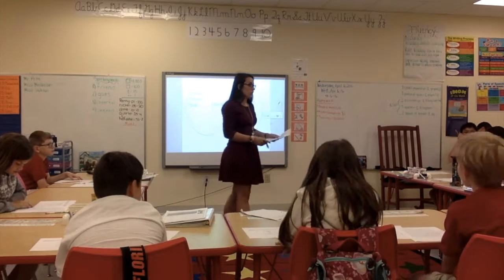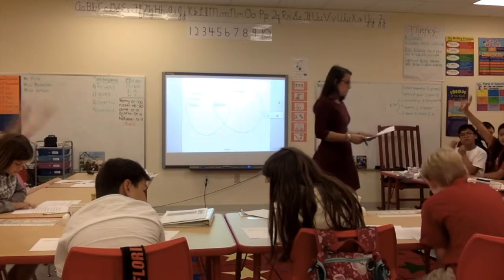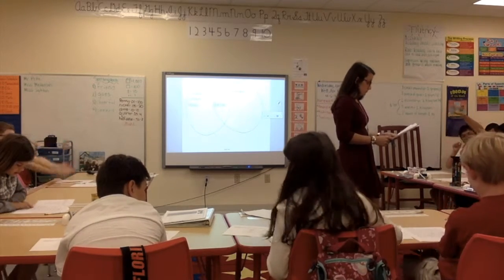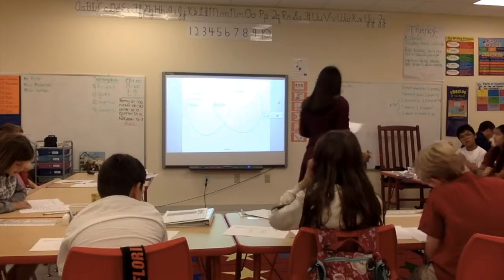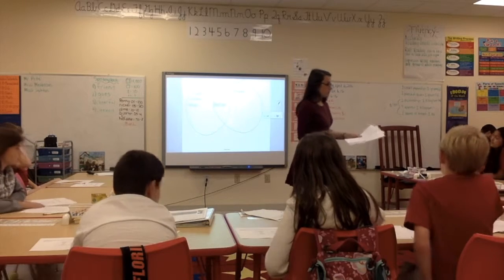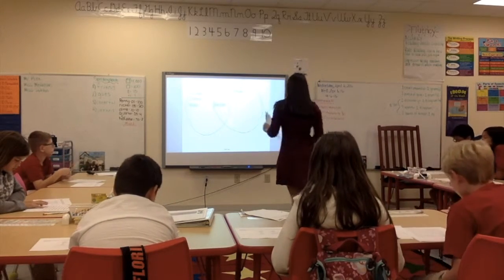Alright, so Jacob, where would that sentence go? The sentence you just read. So what are we going to put in the middle as the similarity? So they use trees in their construction.